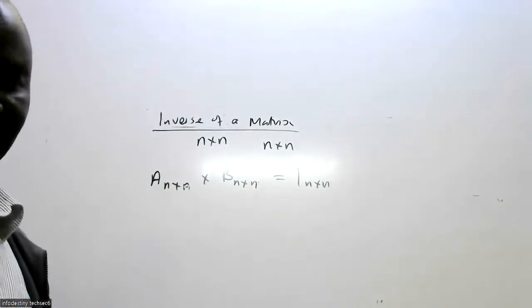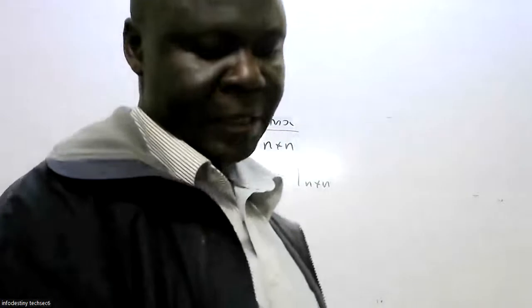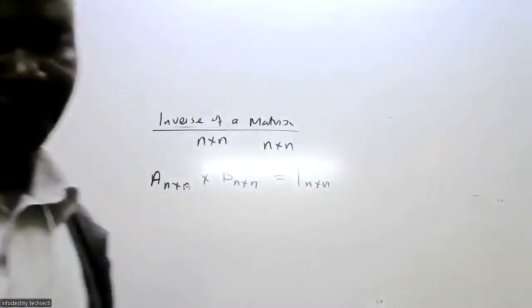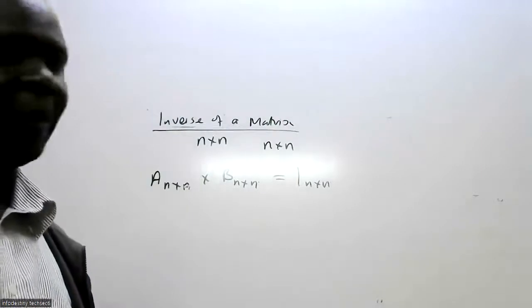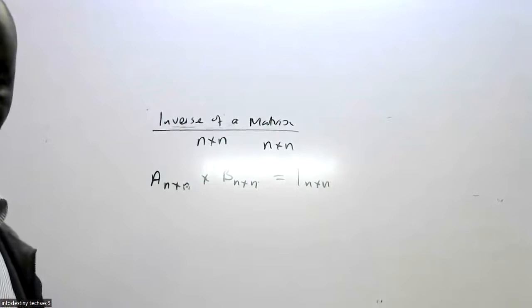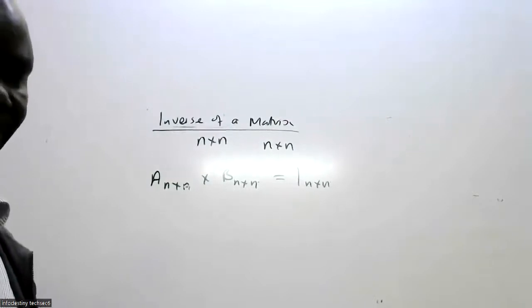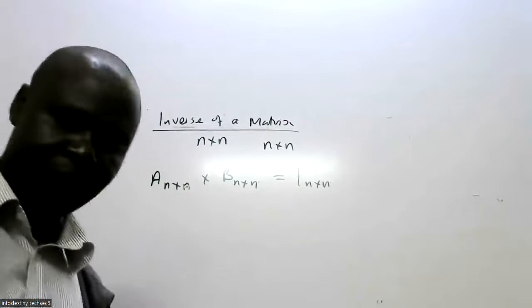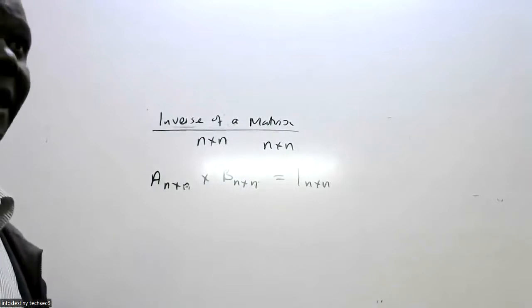Now the inverse of a 2 by 2 matrix is calculated by interchanging the elements of the leading diagonal and multiplying the elements of the other diagonal by -1.